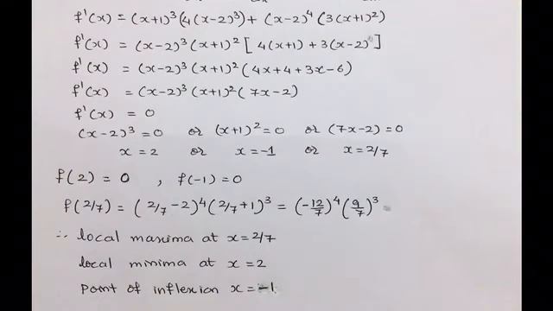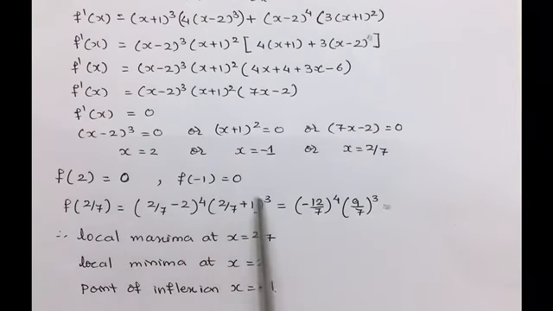Keeping these values of x in f of x, for f of 2 it will be 0, f of minus 1 also will be 0, and f of 2 by 7 will be this value, and if you calculate it, it will give you the maximum value.